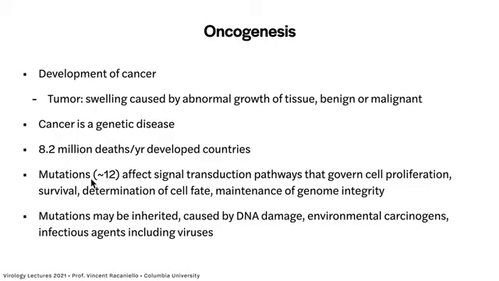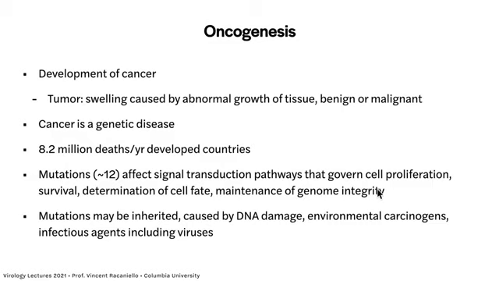About a dozen mutations are thought to be what you need to make a cell turn into a cancerous cell. And these mutations affect a variety of signal transduction pathways that control cell proliferation, survival, cell fate, and the maintenance of genome integrity, like pathways that correct errors in the genome.